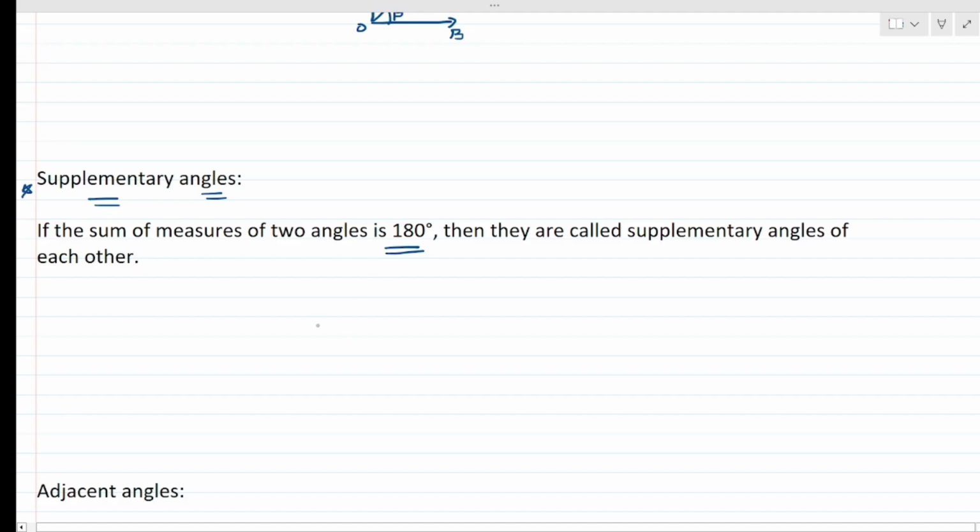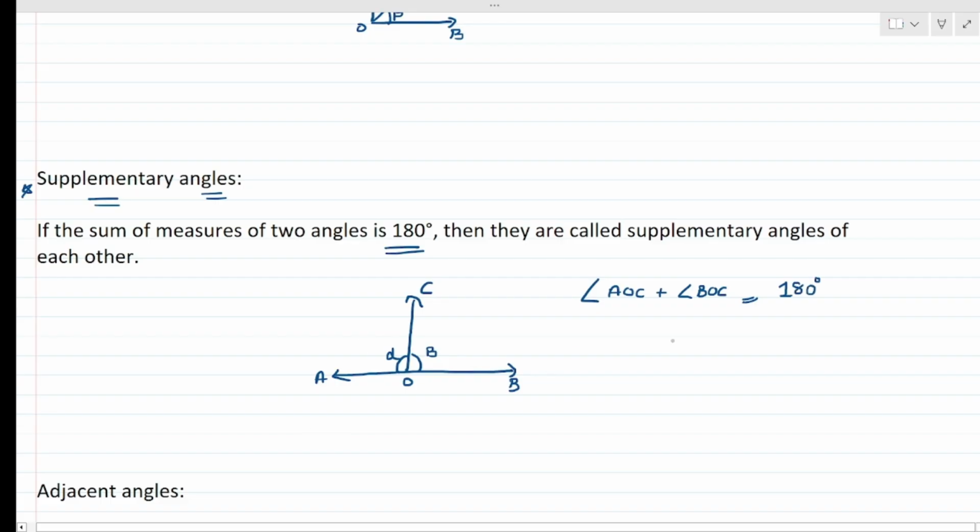Suppose I have this type of angle A, O, B, and this is my ray C. This is my alpha and this is my beta. So the summation of my angle AOC plus my angle BOC will be equal to 180 degrees.